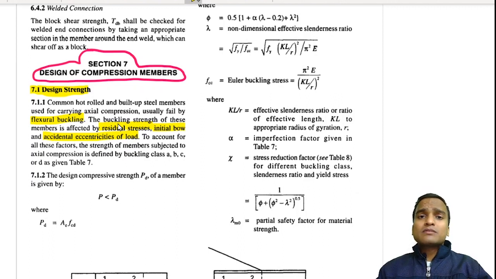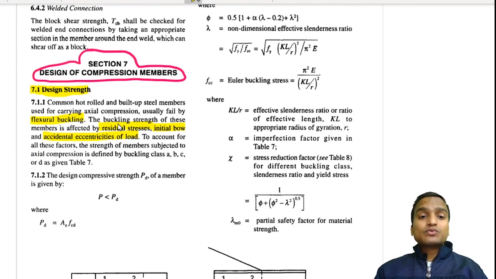In tension members, we just have to calculate the value of net sectional area and apply the three design formulas TDN, TDG and TDB. But here, although you have to calculate only one value of design compressive strength PD, for that we have to incorporate a few imperfection factors, and that is called the buckling classes.